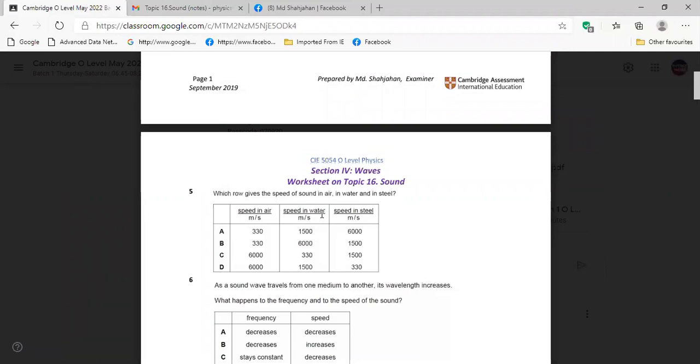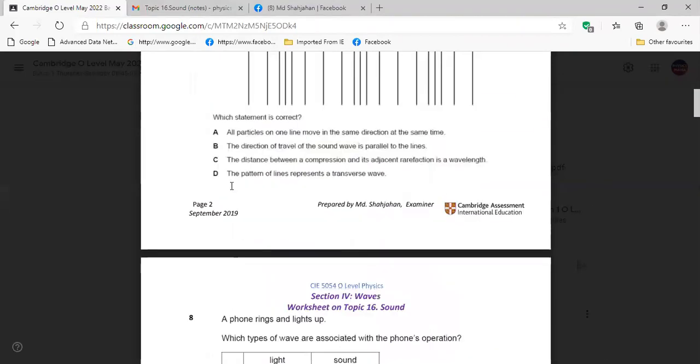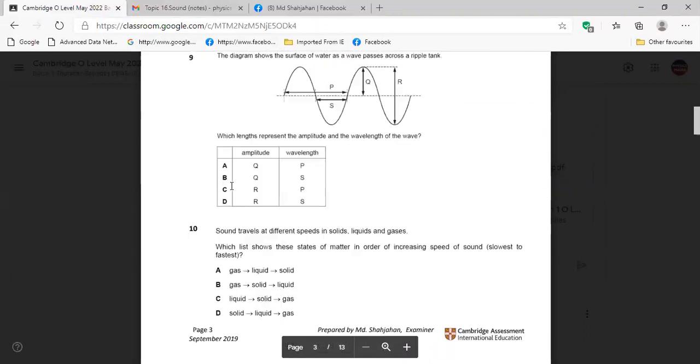I know the question pattern. I analyzed previous years, at least 10 to 15 years, to see how the questions are coming. So that way I prepared the notes, and also the worksheet. Is it clear to you? If you solve it by understanding, then you can solve any kind of question that comes from sound.